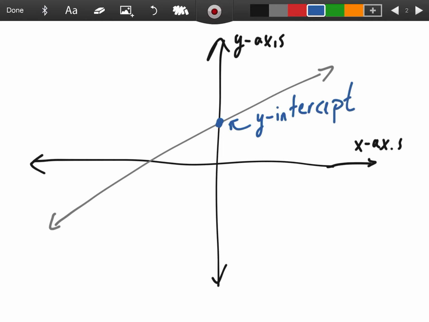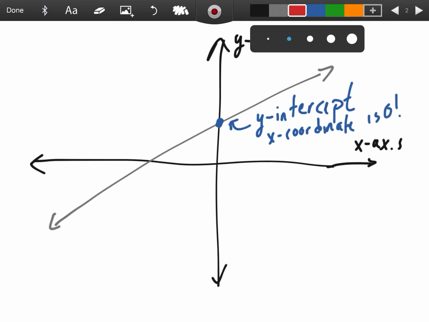One important thing to note, especially as we get into standard form, is that along the y-axis, my x coordinate of that point is always going to be 0, because I'm not going left or right at all. The only thing that changes is my y value. So the x coordinate is 0.